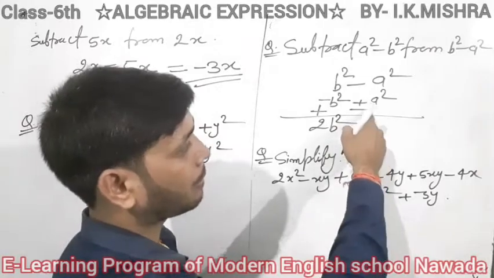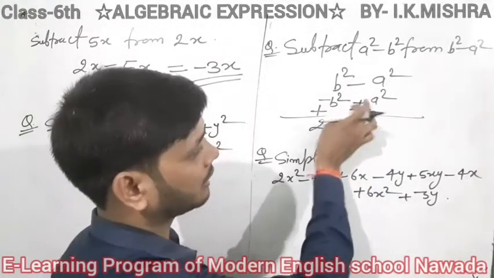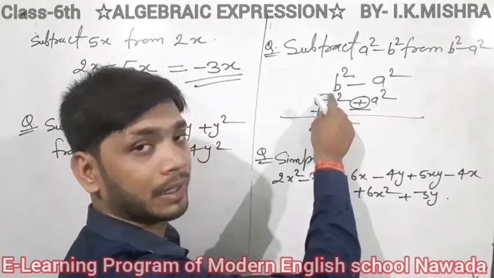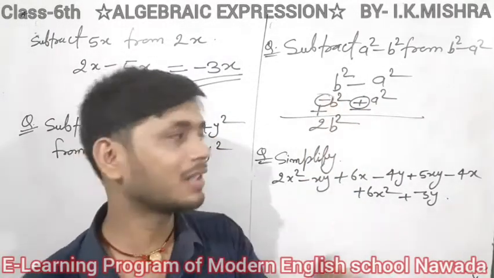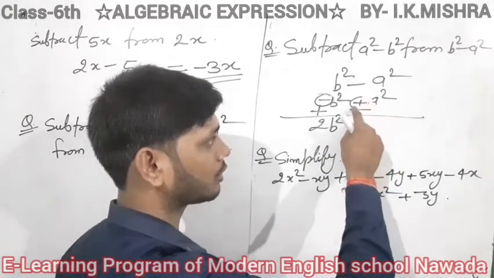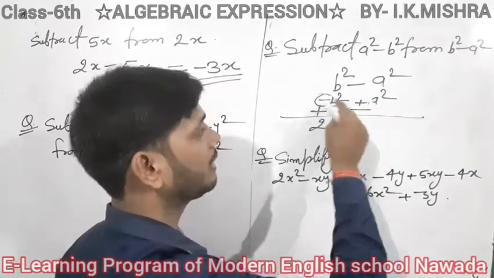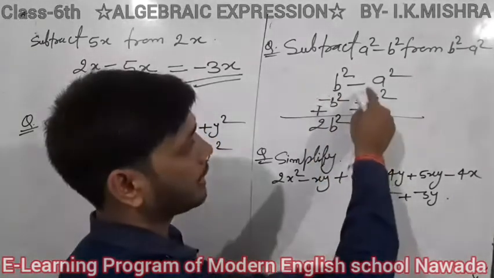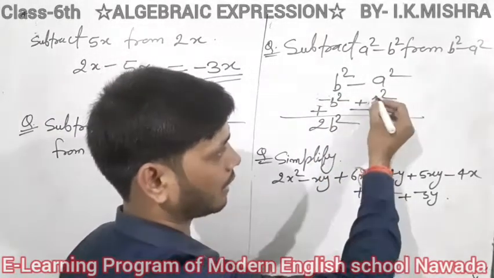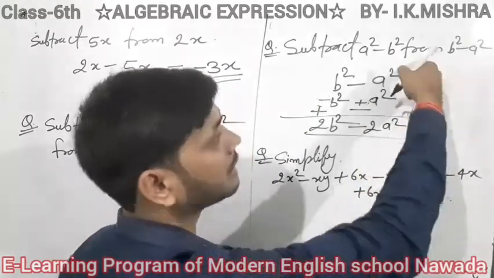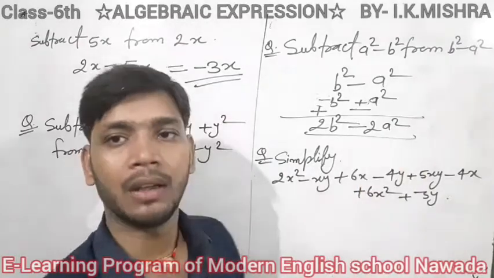And students, here minus a square, because this symbol is invalid and this symbol is invalid. You can't circle the symbol, but here I circle the symbol for explaining, for understanding clearly. Here, students, minus a square and minus a square, that means minus 2a square. That means its answer will be this.